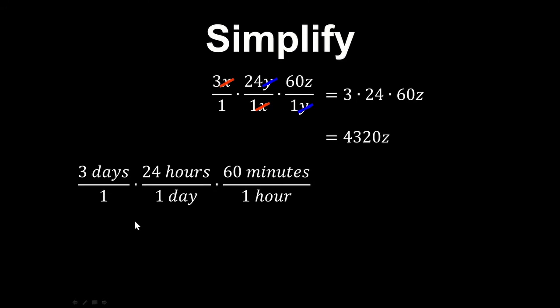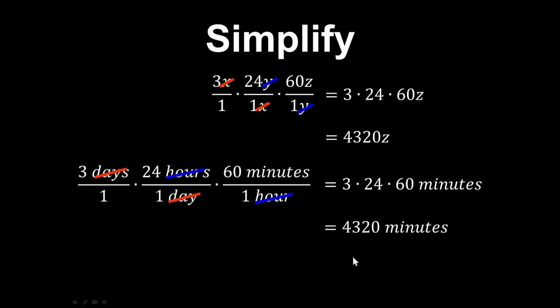But the cool thing is you can treat units the exact same way that you treat variables. If I've got 3 days and then 24 hours per 1 day and then 60 minutes per 1 hour, days on top, days on bottom cancel, hours on top, hours on bottom cancel, and I've just this times this times this. All my units have canceled out except minutes, so it's just this many minutes.